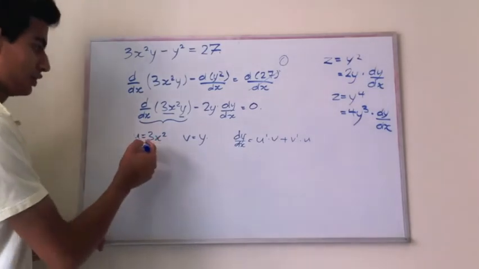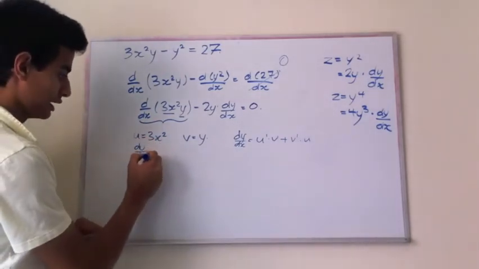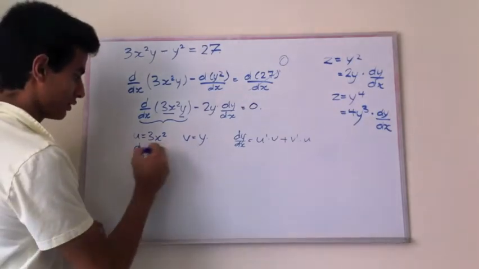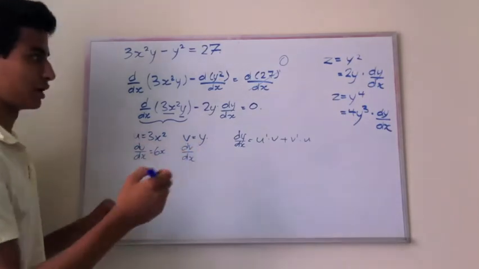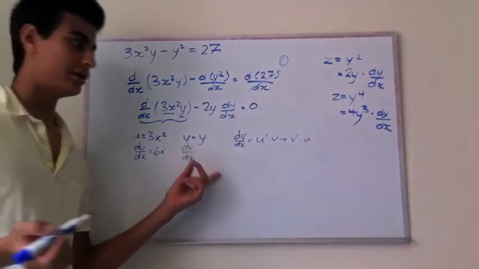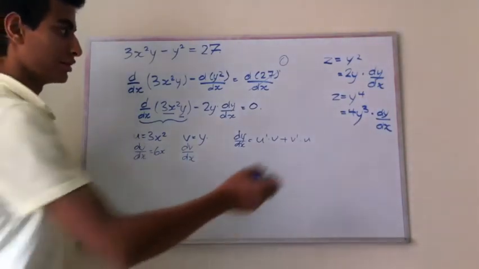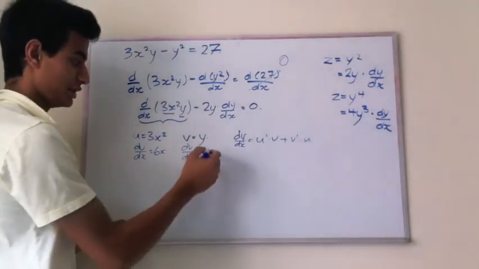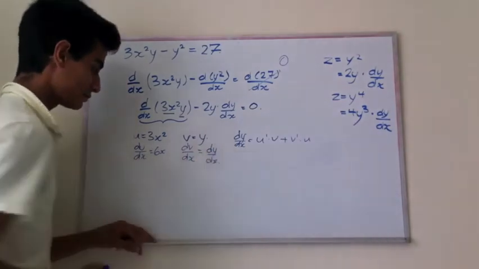So if we derive u with respect to x, we get that du over dx is equal to 6x. Not very hard. If we derive v with respect to x, this gets a little, well, not that much more complicated. The derivative of y with respect to y is 1, and then we just need to multiply it by a dy over dx term. So we get that dv over dx is in fact dy over dx.